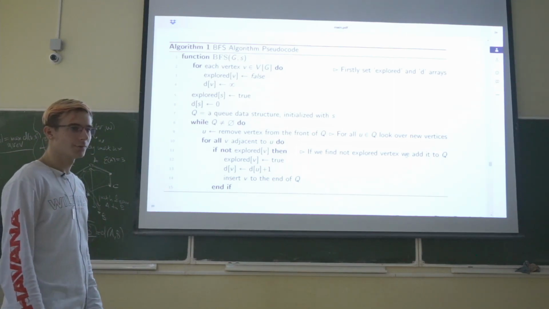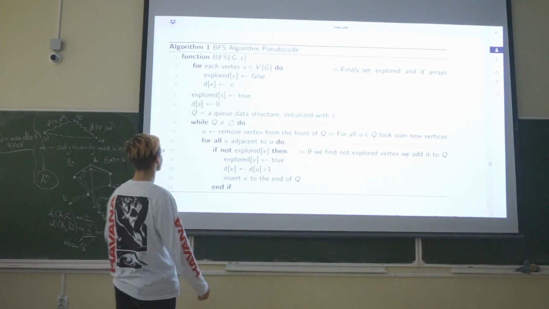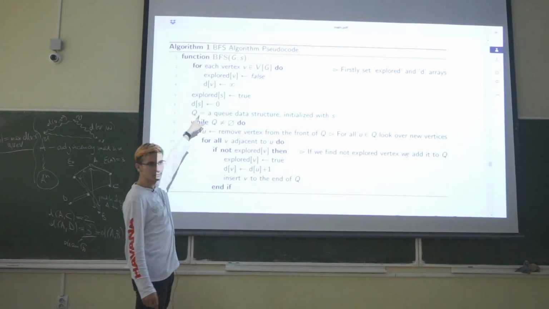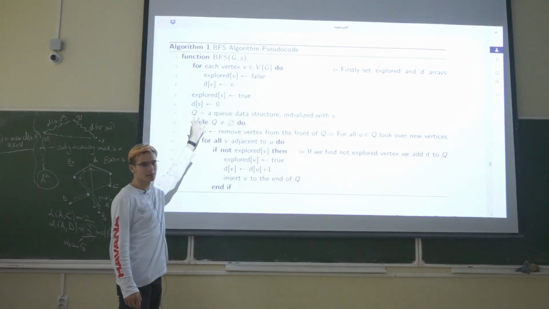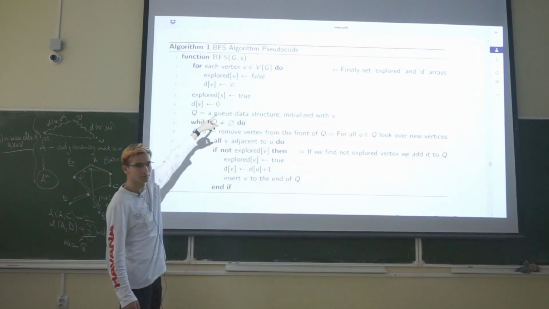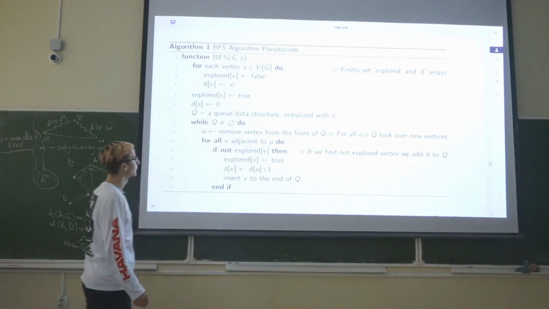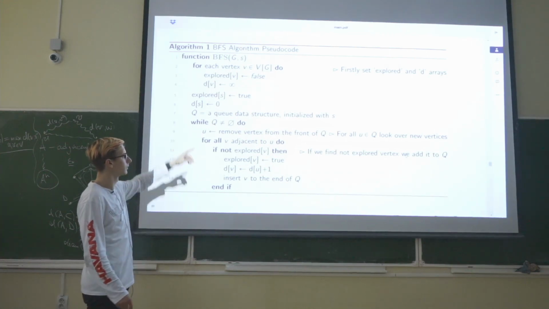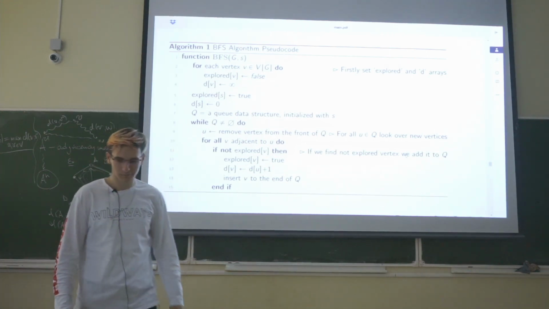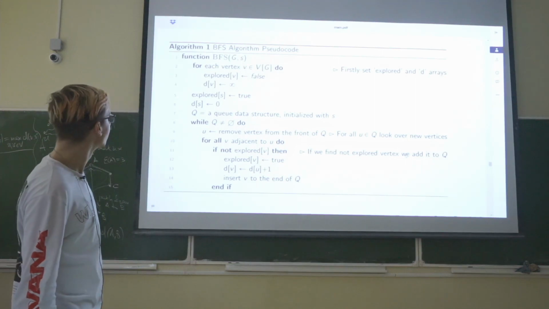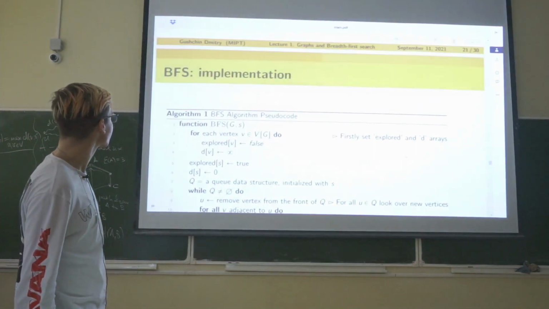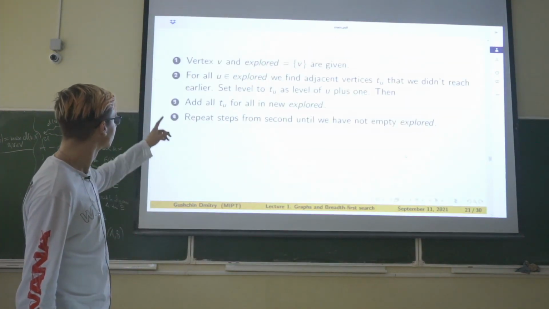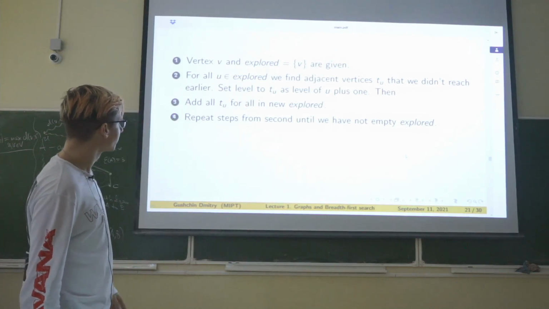We say that we know only the distance between S and S, and other distances we don't know. Then we use Q as a structure, as a model for explore.